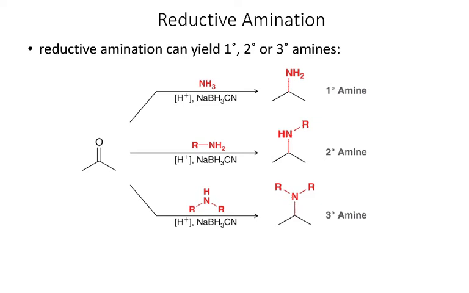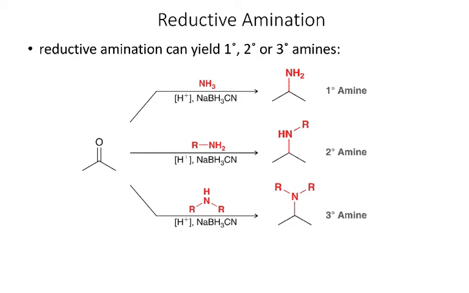So we can react our aldehyde or ketone with ammonia to get a primary amine. We can react it with a primary amine to convert it into a secondary amine, or we can react our aldehyde or ketone with a secondary amine. It'll go through the enamine, but in the end result, I'll get a tertiary amine.